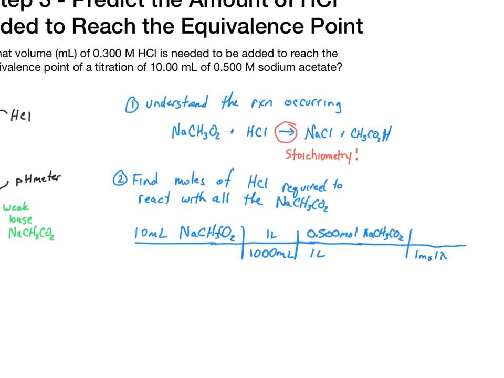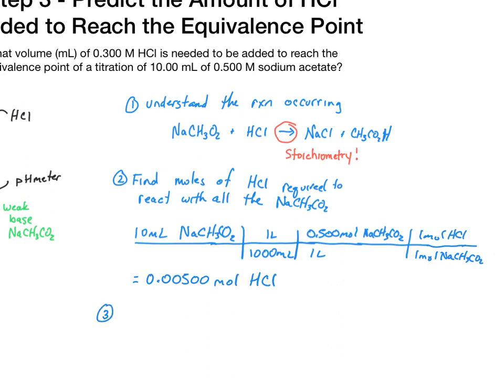So 1 mole of sodium acetate reacts with 1 mole of HCl. And so if I work this out, I find that I need 0.005 moles of HCl to be able to react with all of the sodium acetate.